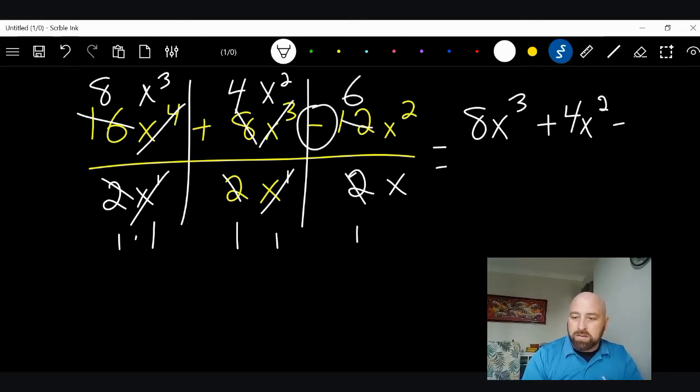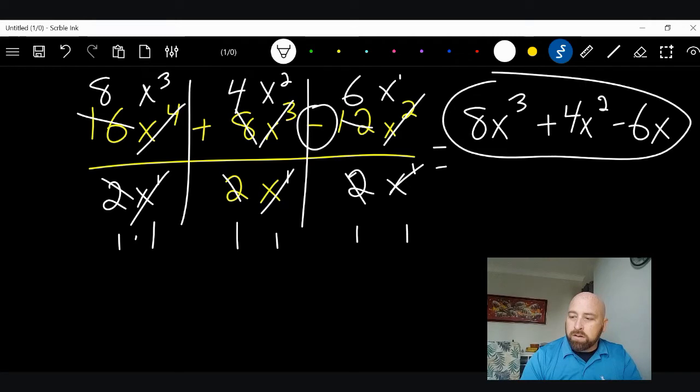Cancel 12, cancel 6. That's going to cancel down to an x to the first or just x, and that cancels to a 1. So there's no denominator, and then you just have this up in the numerator. So it would be 8x cubed plus 4x squared minus 6 would be your answer.